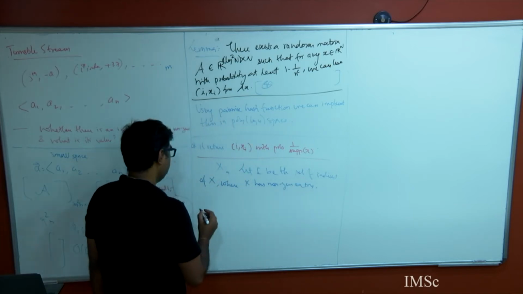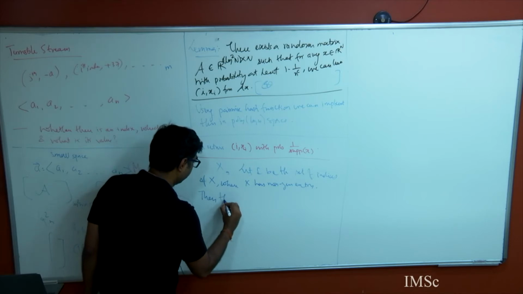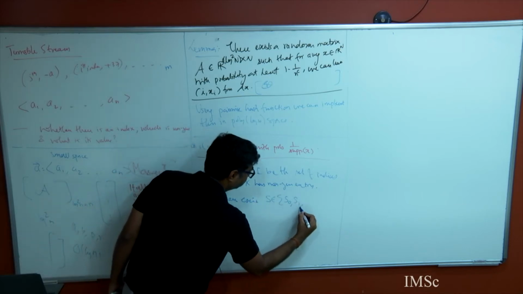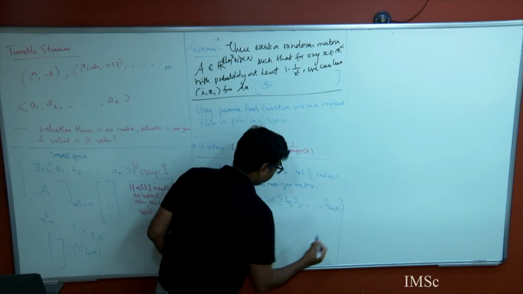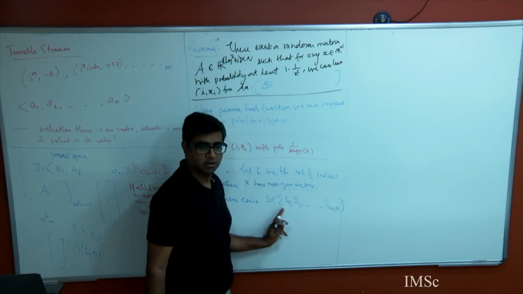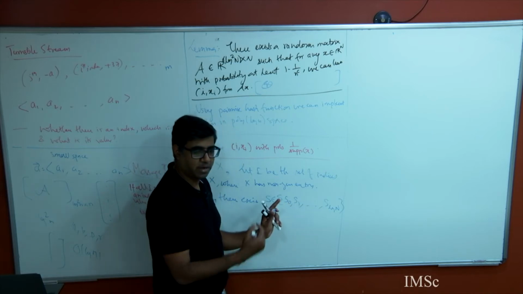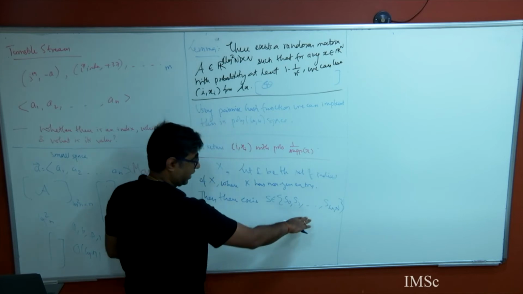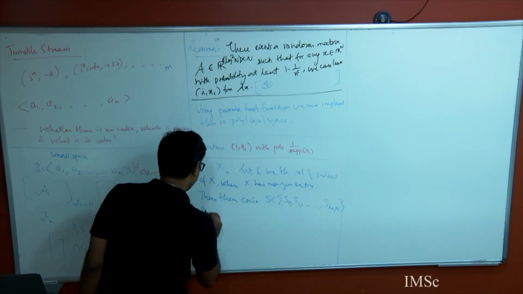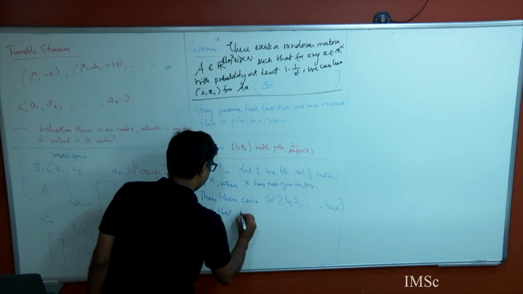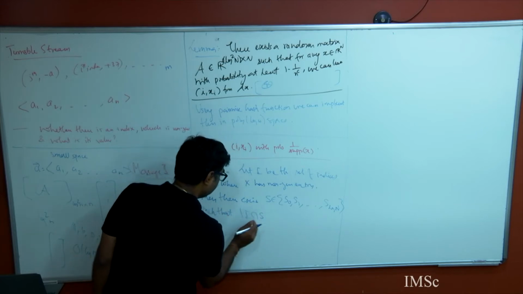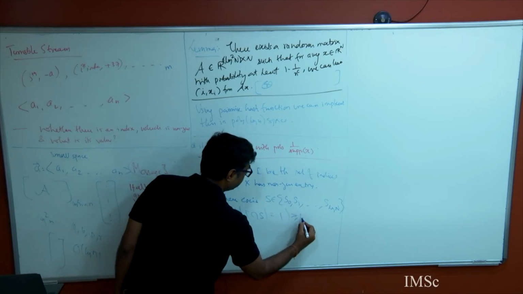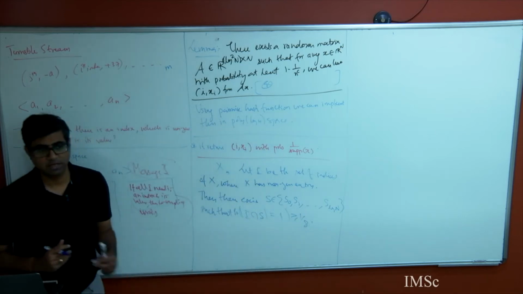We said, great, then there exists S in S0, S1, dot dot dot S log n, where if you recall, S0 was formed by all being 1, and Si was formed by taking probability 1 over 2 to the power i at each entry. This is how it was formed. Then there exists S in this such that the probability that I intersection S is 1 is at least 1 over 8. Right? This is what we proved.